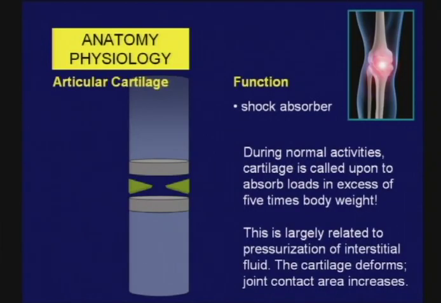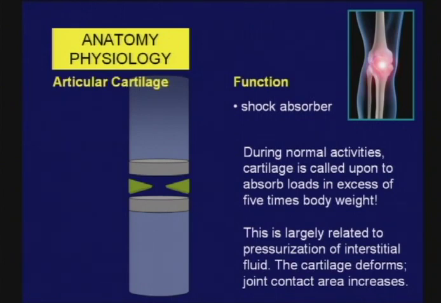So a few general characteristics about articular cartilage that are well known to you. It serves as a shock absorber. And indeed, when you think about how much force is placed on articular cartilage during everyday activities, you can realize how much we need a shock absorber at the end of the bone.